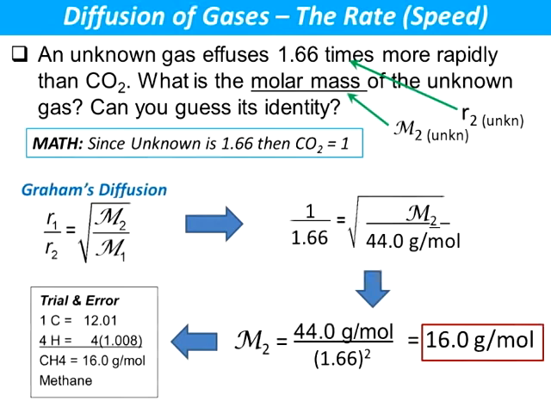So again, although the problem reads and uses the term effusion, we know that the problem is carried out as a diffusion because it involves a rate. So when there's a rate involved, we use the R1 over R2 equals square root of M2 over M1 form of Graham's law.